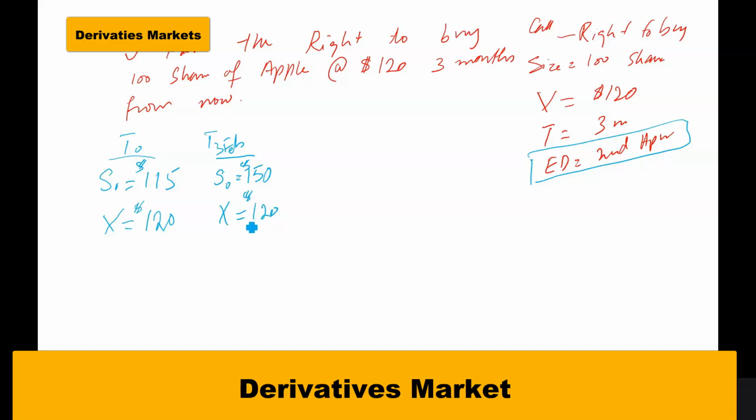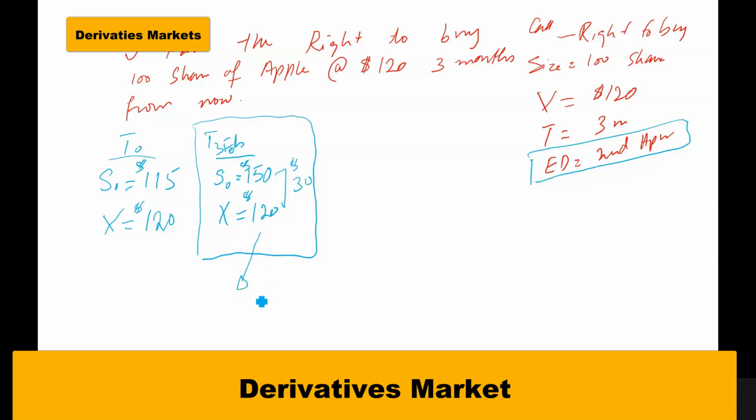I can buy 100 shares of Apple for 120 and sell them in the spot market for 150 and realize a gain of $30. Because it is an American option, I can exercise it at any point of time before expiration. However, I will not be doing this.